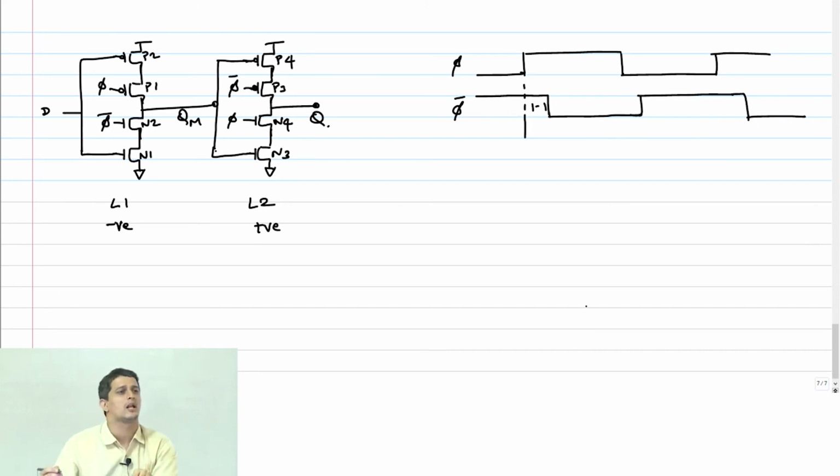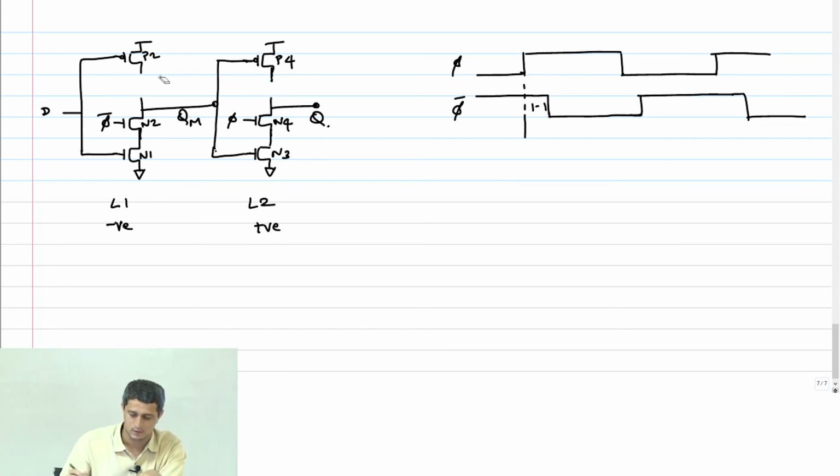What are the transistors that are going to conduct? Or what are the transistors that are going to be off in this overlap period? P1 and P3. So I can remove these transistors. Correct?